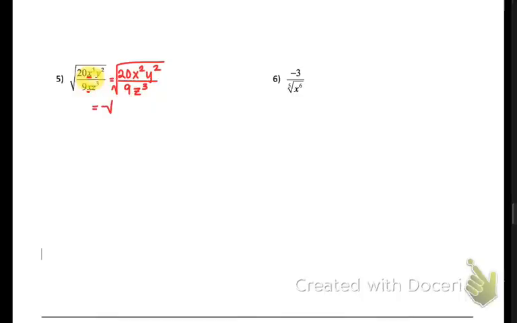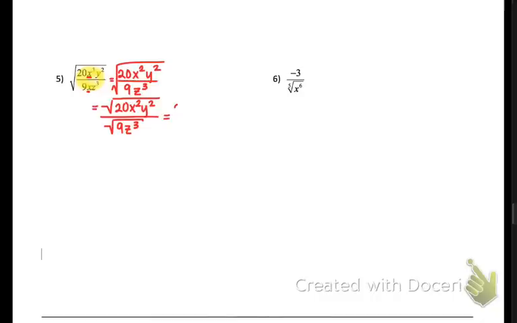So this is the square root of 20x squared y squared over the square root of 9z cubed. First thing we're going to do is simplify both the numerator and the denominator. So let's start in the top. Biggest perfect square that goes into 20 is 4.